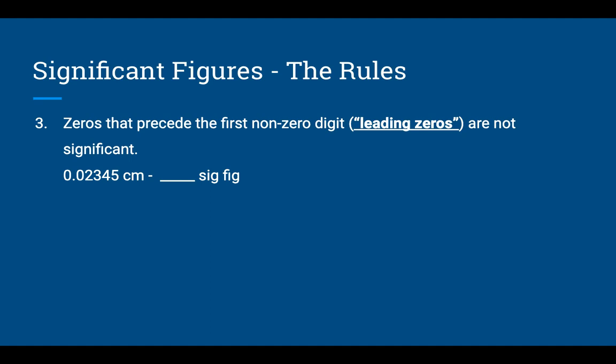Those zeros come before the first non-zero digit, the 2, so they're not significant. There are only 4 significant figures here. They're not significant because they're really just placeholders, so that you can have the values in the right places. That 2 needs to be in the hundredth place, so those zeros have to be there to indicate that.